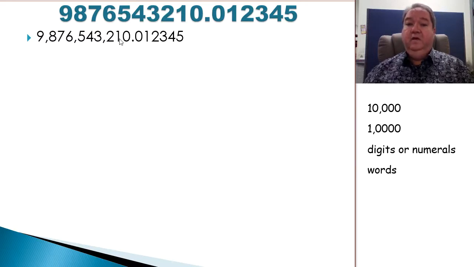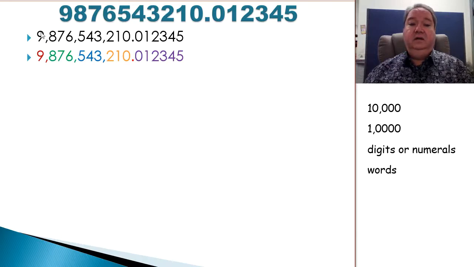Now, how do we read that? Well, first of all, this would be thousands, millions, billions. So, let's break it up here. We've got 9 in this group, 9 billion, 876,543,210. Point, and then all of this part is the fraction, a part of 1.